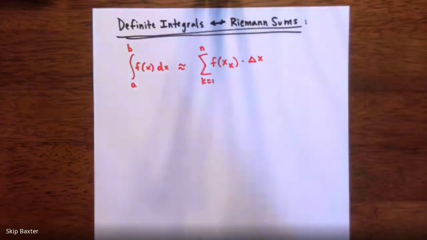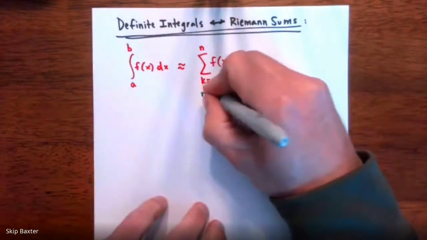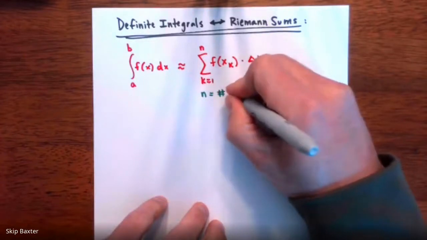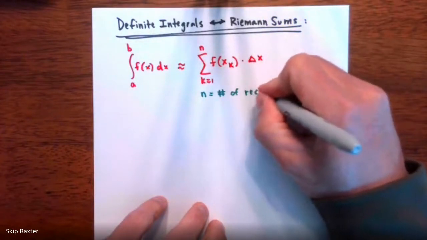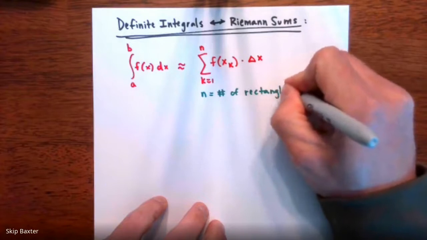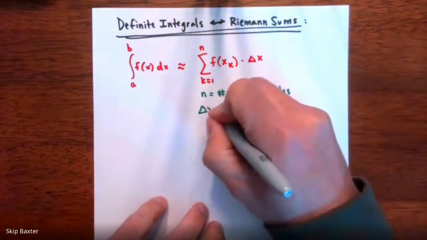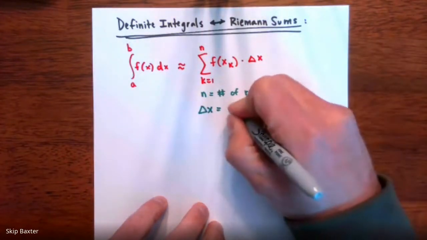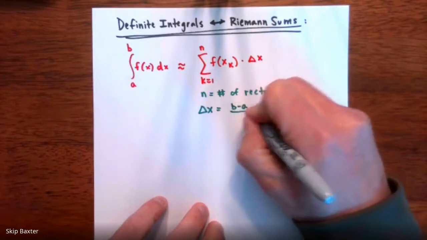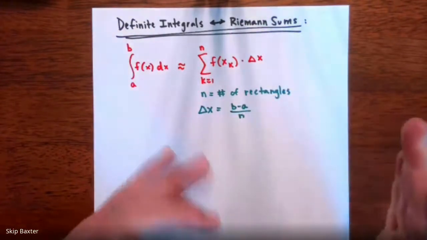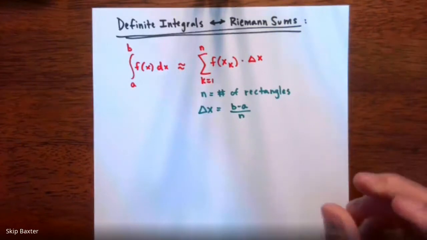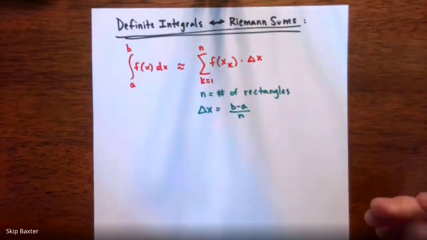So in this formula, n is the number of rectangles, right? Delta x, remember, was really like b minus a divided by n. It's the total width of the interval that you're integrating over divided by the number of rectangles that you want.